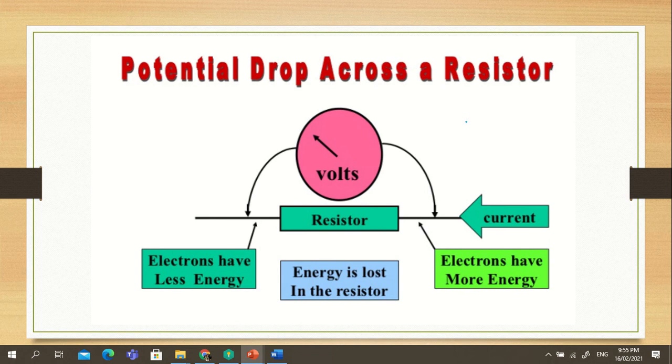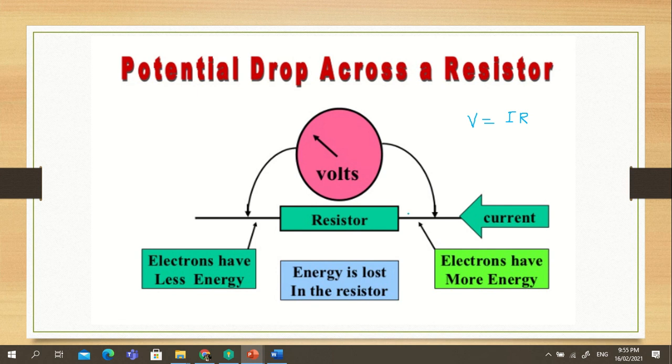So from our basic concept, voltage is just the product of the current and the resistance. So originally when the current flows out from the source, a very high current, but when it passes through the resistor, the current will drop, will become less because some of it will be consumed by the resistor or dissipated in the resistor.